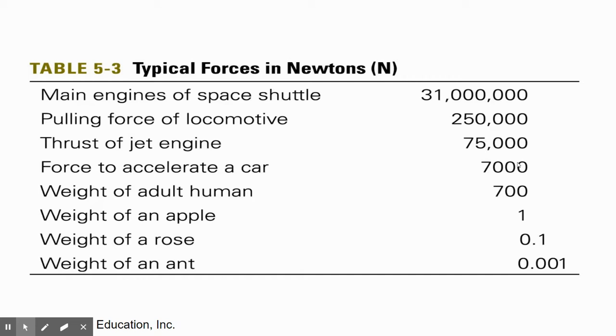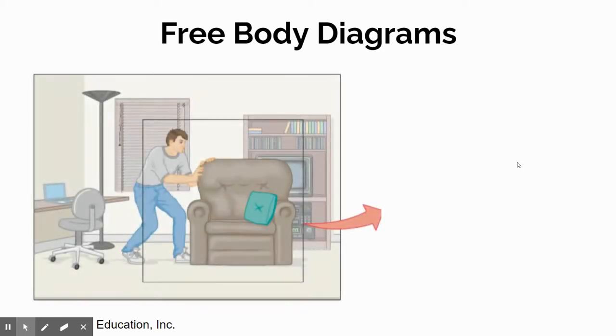And here we just have some typical forces, and these are all in newtons. You can refer back to this if you were to need any of this information. But again, I will try to give you any information that you need. Now, free body diagrams are going to be incredibly important when we start working problems in this chapter. A free body diagram just allows us to diagram the forces acting on an object.